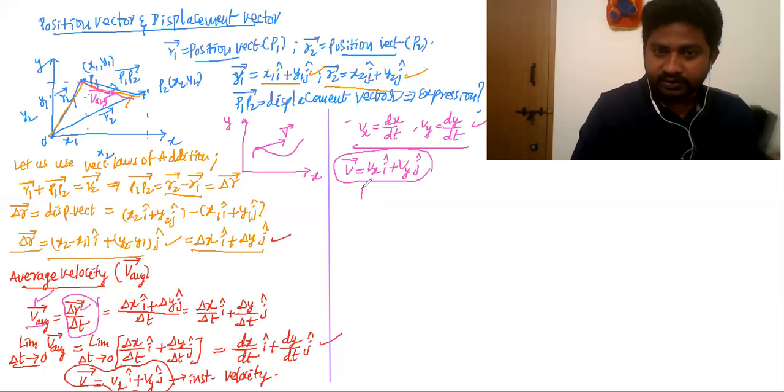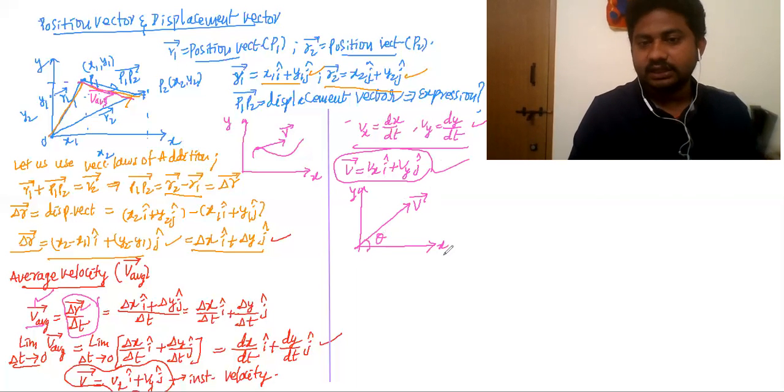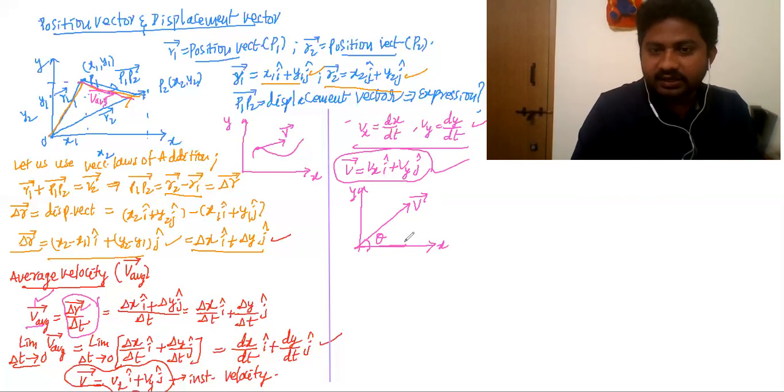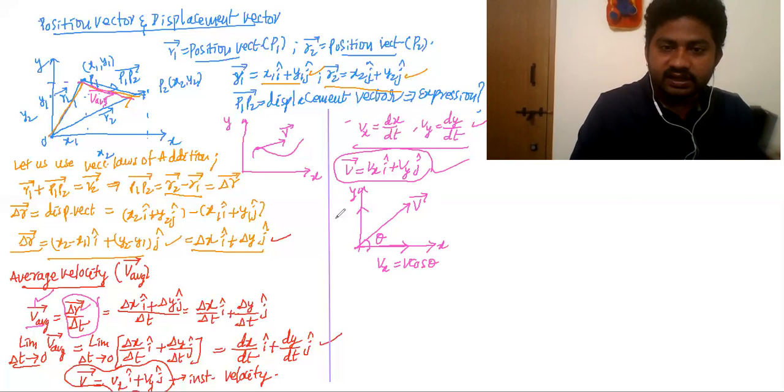And if I represent this in terms of the graph, this is the x-axis and y-axis. Imagine this is my velocity vector, which is called the instantaneous velocity vector. Here this v bar is making an angle theta with the positive x-axis. So what is the x component of velocity here? Vx is equal to, can I say it is v cos theta? Definitely. And this is Vy.